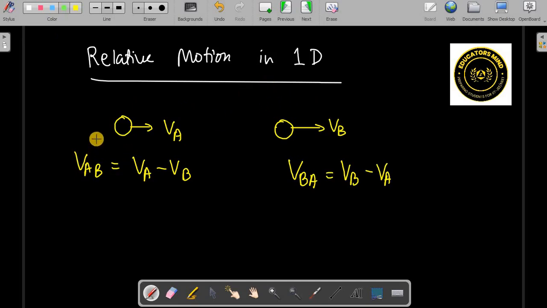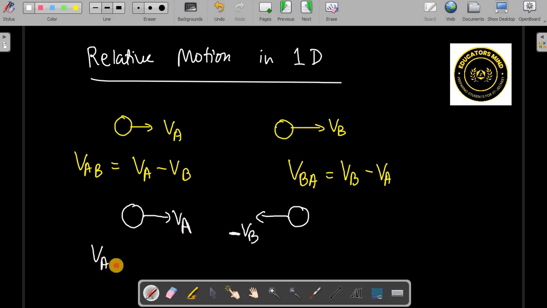Now if they are in opposite directions, let us say A is going in this direction and B is going in this direction. I am writing VA and VB as speeds. Now, if B goes the other way, we have to put minus, because this is plus and this is minus.